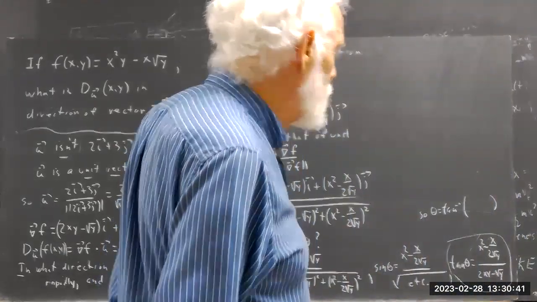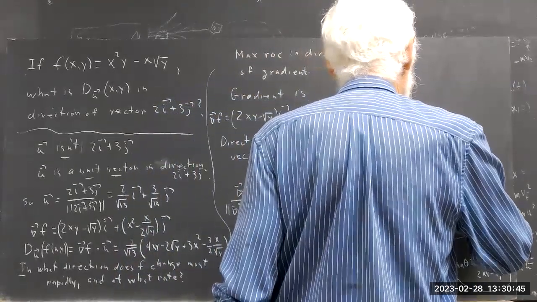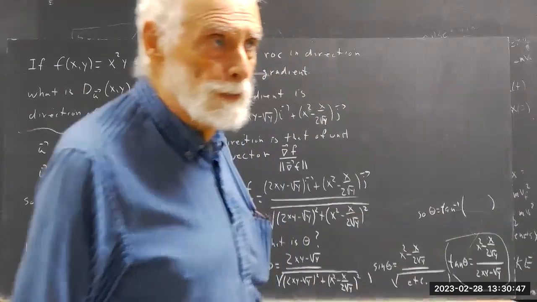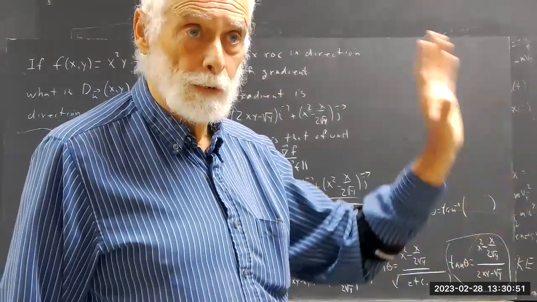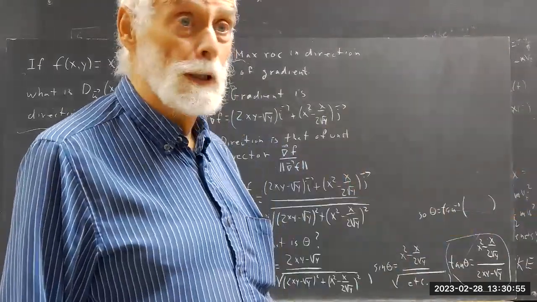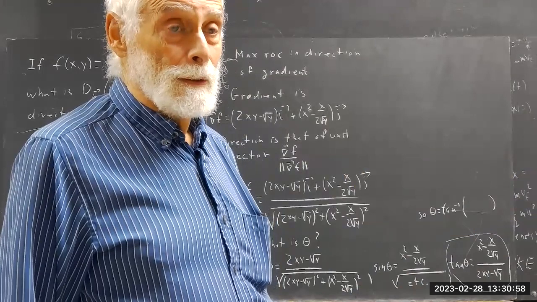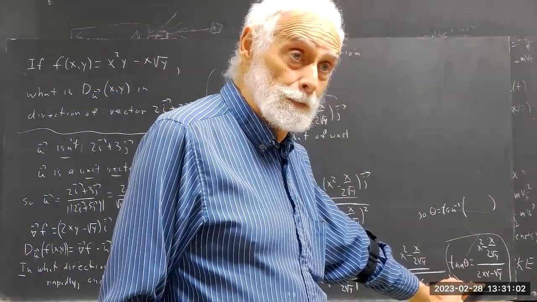However, the problem is the inverse tangent just gives us an angle between -π/2 and π/2. It doesn't give us anything in the second or third quadrant. Well, what we have to check then is whether the denominator is positive or negative.